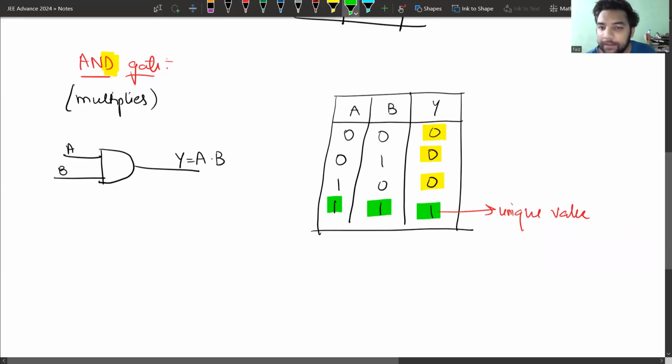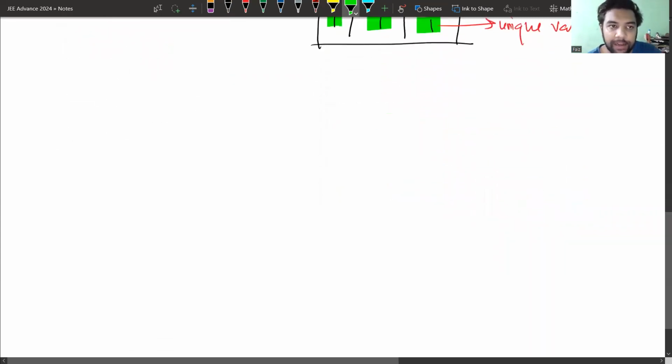Hopefully this is clear. Every time we are getting 0, but only in one case we are getting 1. That's why we are naming it as unique value. So to get the unique value in AND gate, we have to substitute the input values 1 and 1. Hopefully the two important things are clear, right?